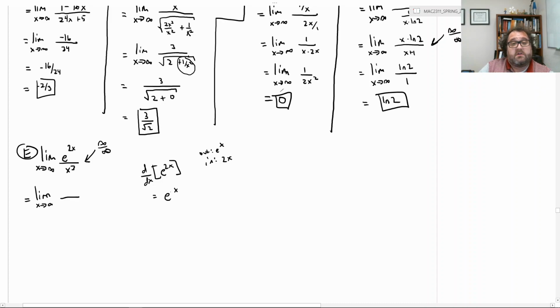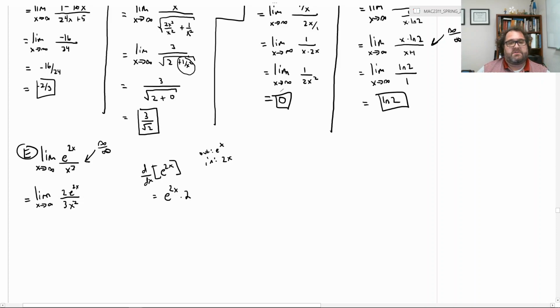Easy enough. Step 2 of the chain rule, evaluate at the inside function, so plug in 2x instead. Third step, multiply by the derivative of the inside function. There you go. I'll put the 2 out front though. 2e to the 2x. Derivative of the denominator, oh, that's super easy. Power rule. 3x squared.